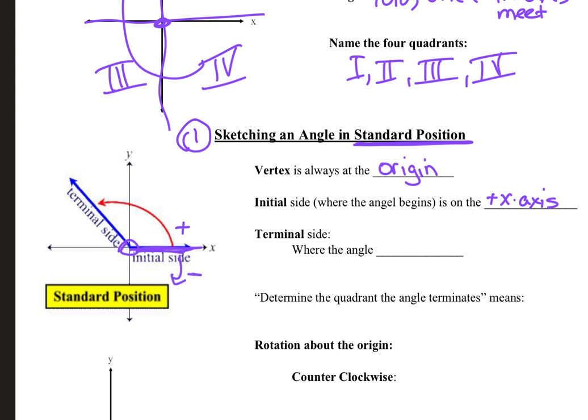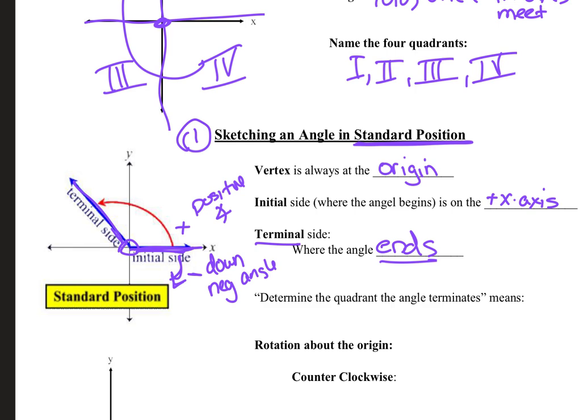So the next side is called the terminal side. Terminal, where something ends, right? So that's where the angle ends. So this terminal side, you could have gotten to it by going down or up. If you go up, it's a positive direction, a positive angle. And if you go down, it's considered a negative angle.